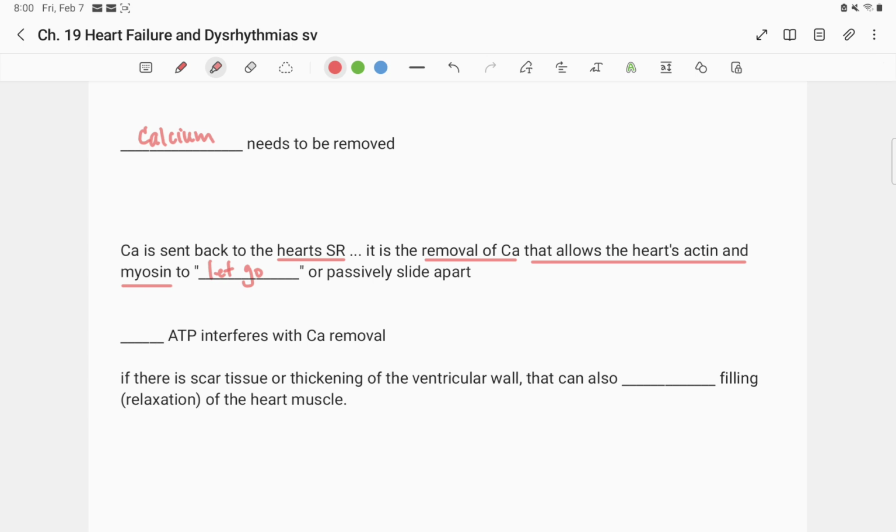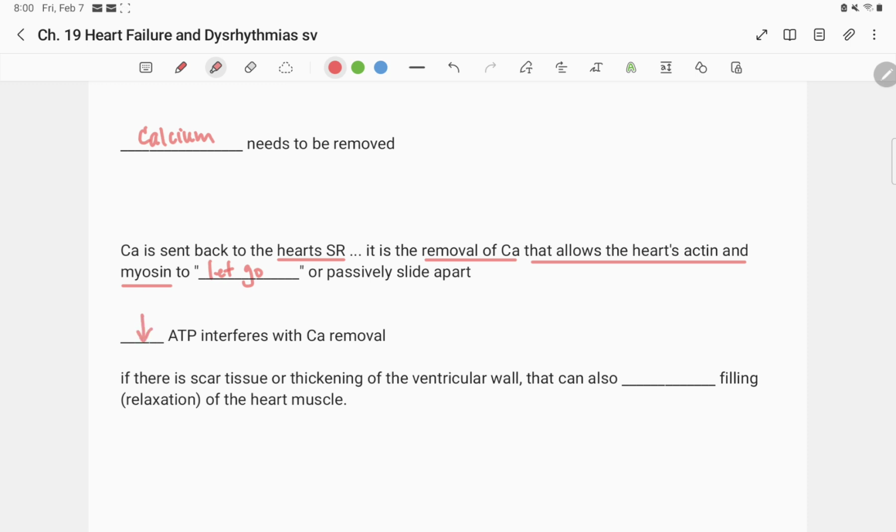Okay, so during a muscle contraction, you want that myosin head to bind to actin, to grab it and pull. That's what shortens the muscle. But at the same time, you want it to let go. So you get the binding and the pulling, but then you need the myosin head to release, and allow the muscle to slide apart.